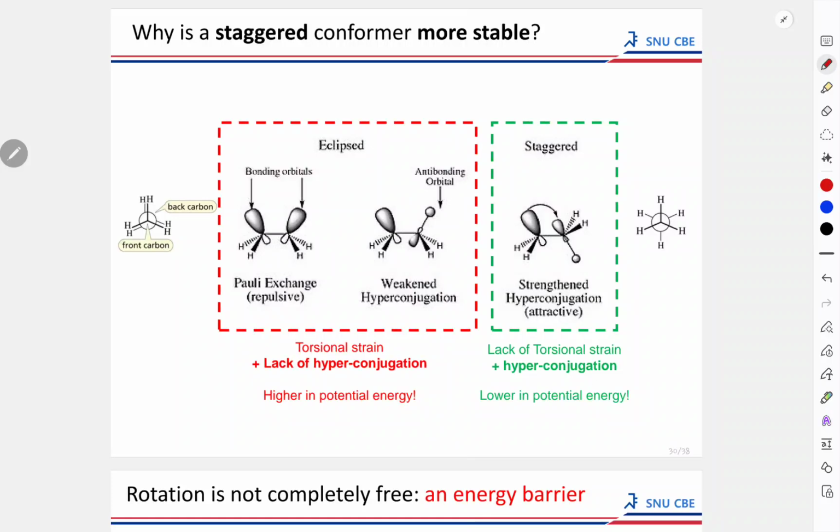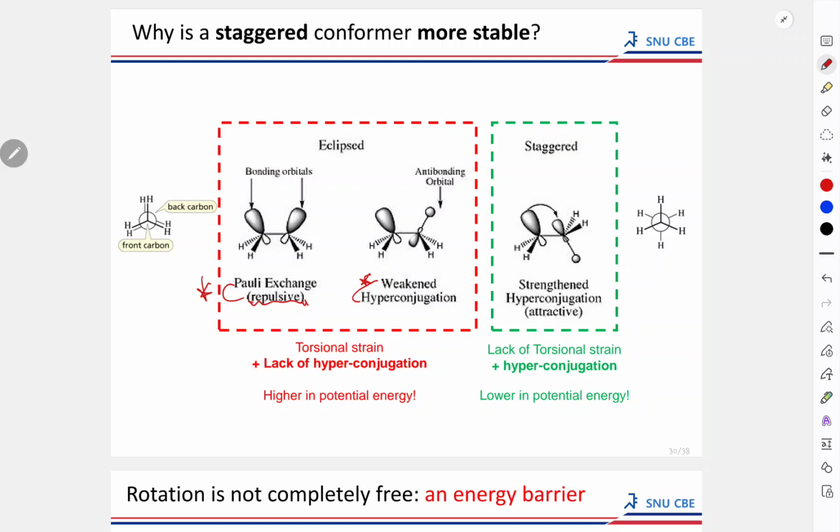So weakened hyperconjugation plus the Pauli exchange, which means repulsive interaction between the bonding orbitals, that's basically the torsional strain as we discussed and defined. From these two effects, you can imagine the eclipse conformer would have higher potential energy, which means unstable.